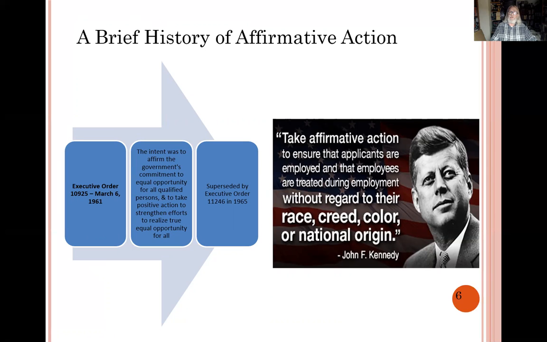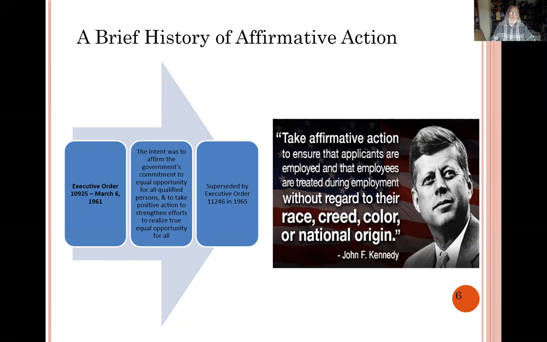And that was the first language that has been modified so many times since, but it's what got us started with affirmative action. Now, as an executive order, it was not quite the same as the weight of a piece of legislation, and it consisted of both voluntary or involuntary responses to this issue. Now, just like it says here, the intent was really to affirm that the government was committed to providing an equal opportunity for all qualified people, regardless of these things you see here.